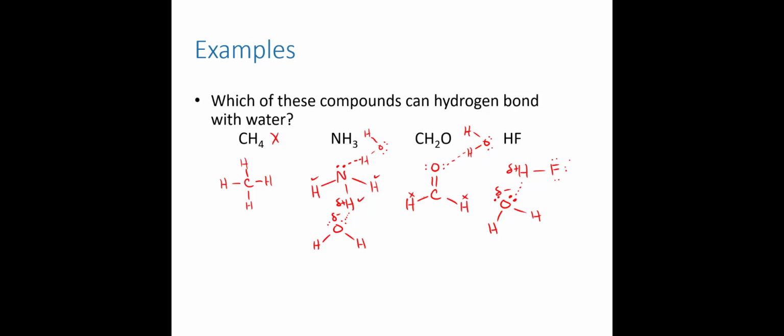And similarly here we have a fluorine which is very partially negative, so a phone. It would be attracted to the hydrogen of a water molecule, which is partially positive.